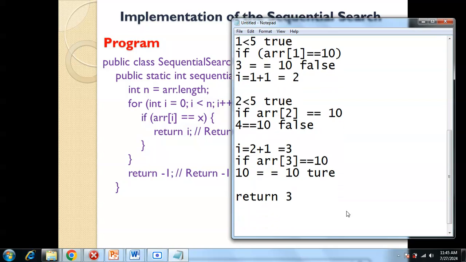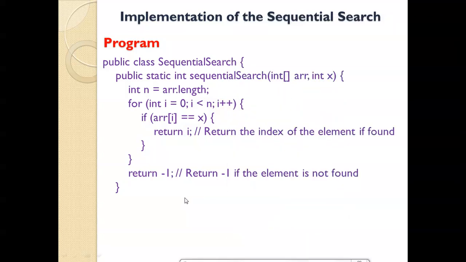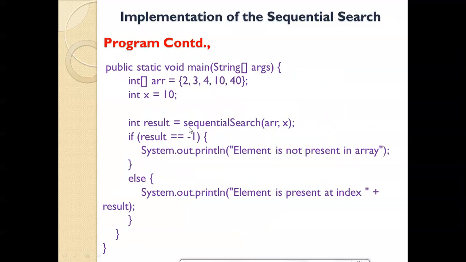Where the answer is stored means where the function calling is made. Here the function calling is made here. So that 3 is the answer of sequential search function. So that 3 will be stored into result variable. Then we have to check the result value, that is -1 or any other value.